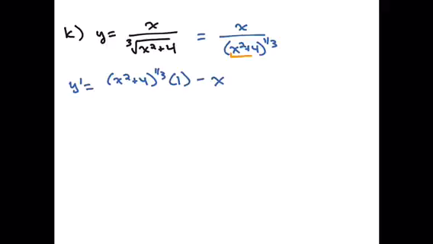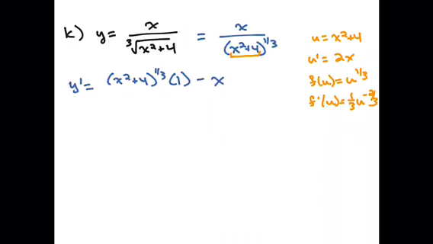For d low, I have an inner function that is x squared plus 4, and my u prime would be 2x, and my outer function would be u to the 1/3, and its derivative would be 1/3 u to the negative 2/3.